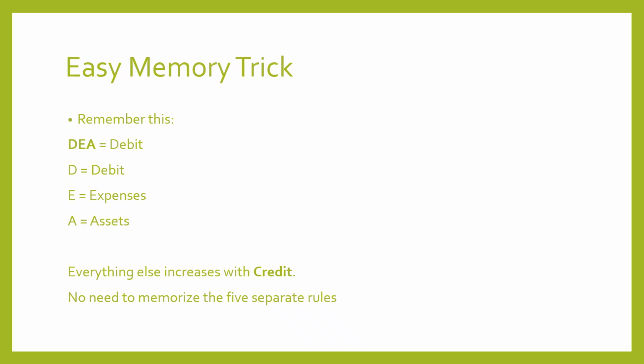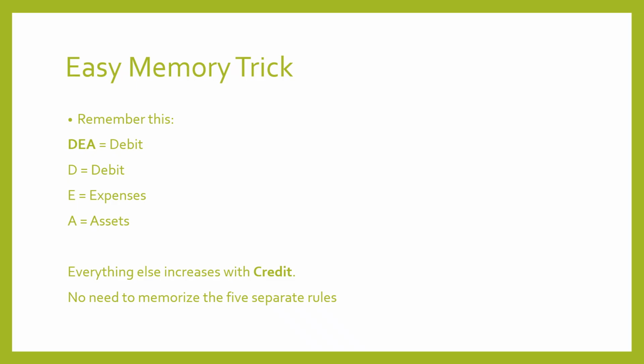Credit side. You can also apply the flip side of it, which means if asset increases on the debit side, then it reduces on the what? Credit side. If expenses increases on the debit side, that means it reduces on the credit side. The same thing with the rest that are credit. When they increase on the credit side, then they reduce on the debit side.